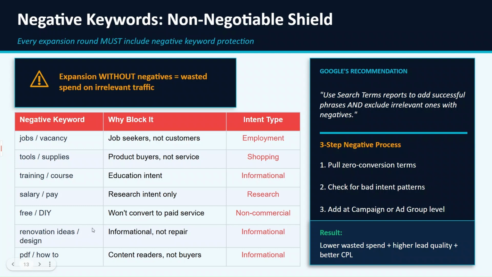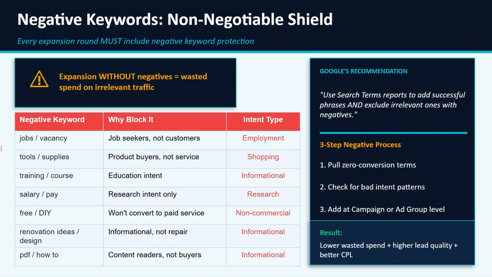So here is the three-step negative keyword process. Step one, pull all the zero-conversion search terms from the last 7 days. Step two, check for bad intent patterns: job seekers, researchers, shoppers, students. And step three, add them as negatives at the campaign or ad group level.